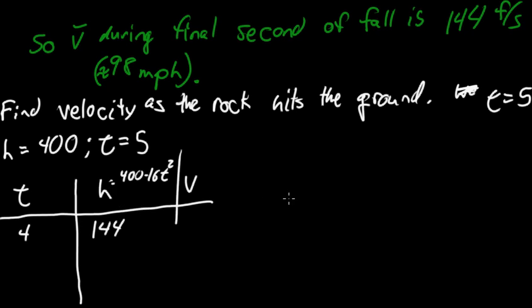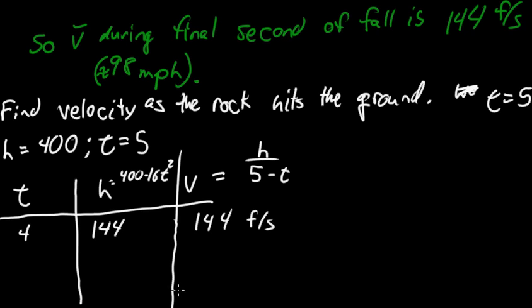And the velocity at that point is given by h divided by 5 minus t. So in this case, t is 4, h is 144, so 144 divided by 1 equals 144, and that is feet per second.